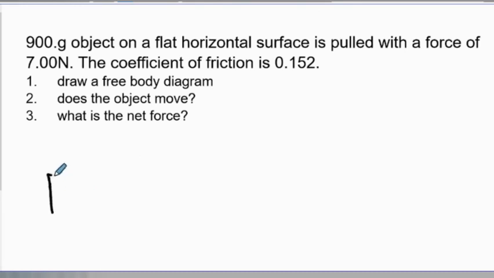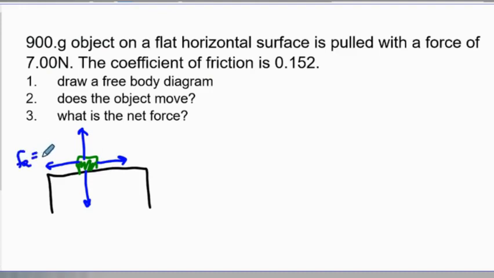So here's my flat horizontal surface, not the best one ever. Here's an object. I'll put a little box on here. Okay. And now I'm going to draw a number of forces. I'm going to put my FA to the left this time just to be different.